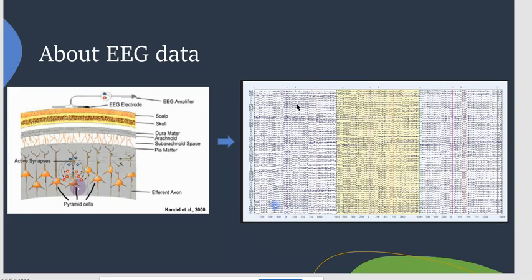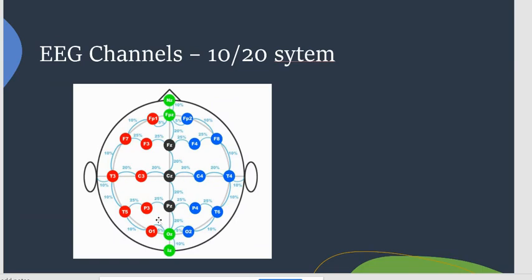Each segment that you see over here is like 1 second. And at different frequencies, we are capturing the data. Now, it's important to understand the word channel. Channels is where on the brain those different electrodes are placed, and it follows the international 10-20 system of placement, where the distance from the tip of the nose to the back at the base of the brain is divided into 10 or 20% intervals.